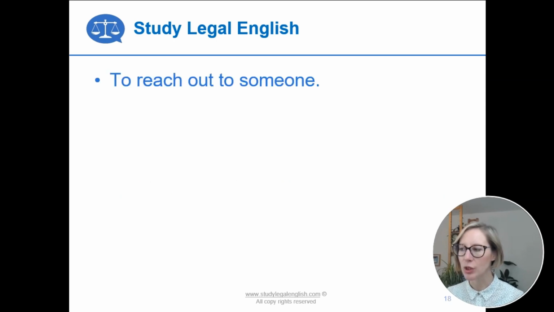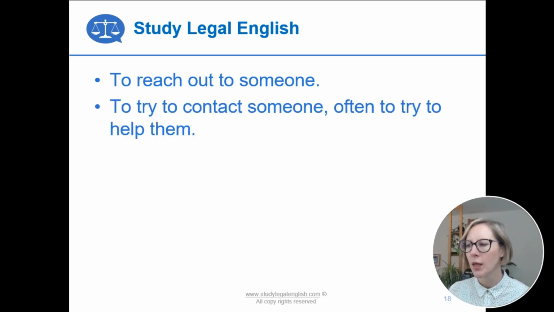So to reach out to someone is the correct way to use it, okay? To reach out to someone. Of course, you might use other prepositions, like I need to reach out to the CEO on Friday, okay? Yes, you use other prepositions, but you usually reach out to someone first of all, and then add extra information afterwards.